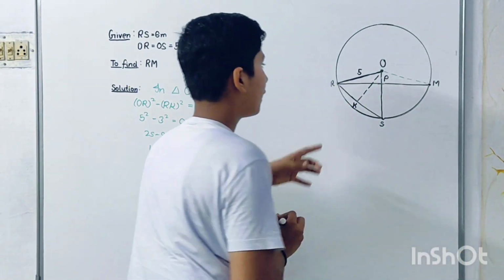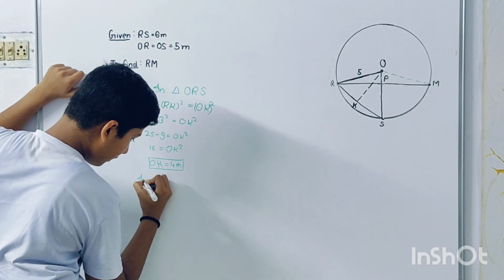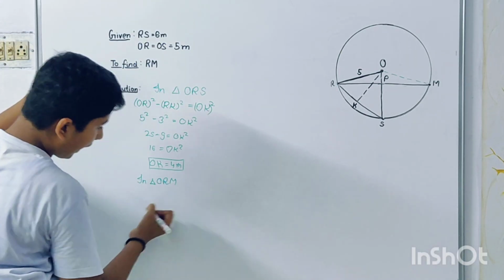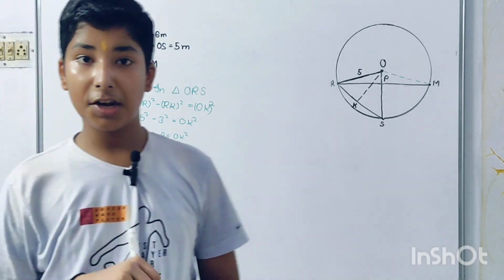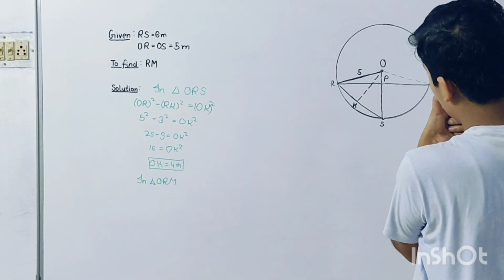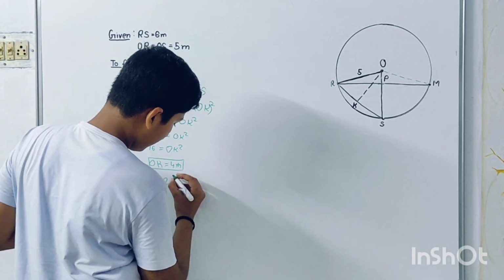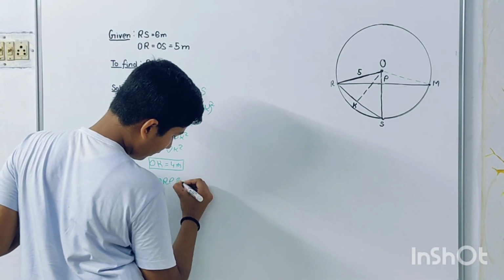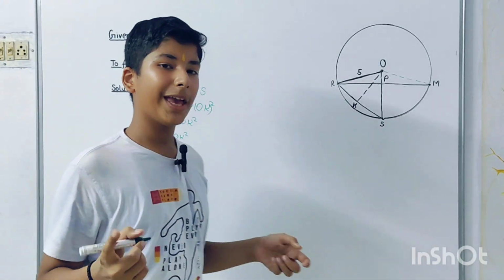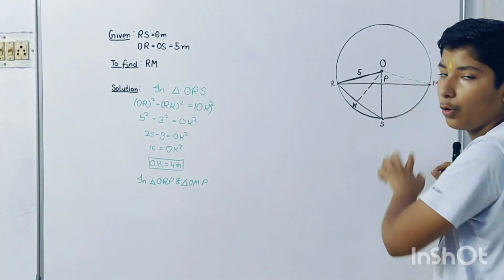Now in triangle ORP and triangle OMP, since we had to prove a congruency rule, by mistake I took this whole triangle.